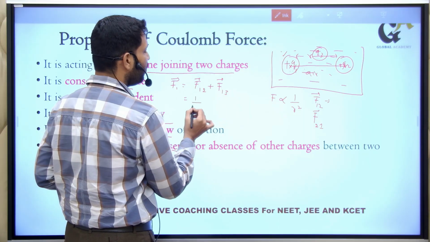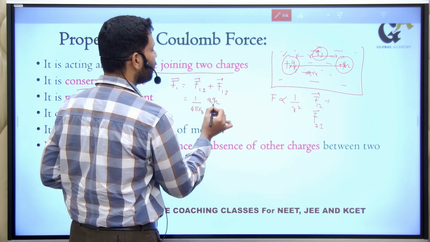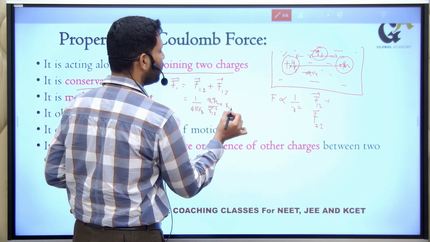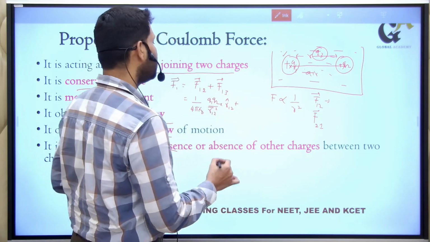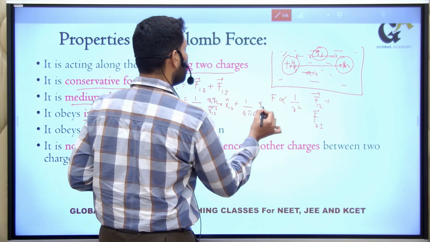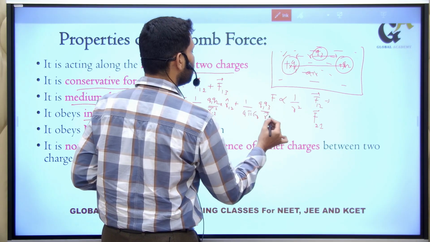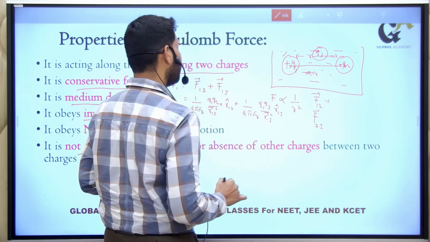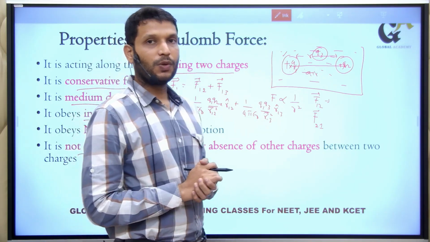F12 is given by 1 divided by 4 pi epsilon naught, Q1 Q2 divided by R12 whole square, into R12 cap. The force on 1 due to the third charge is 1 divided by 4 pi epsilon naught, Q1 Q3 divided by R13 whole square, into R13 cap. This gives the net force on the first charge.